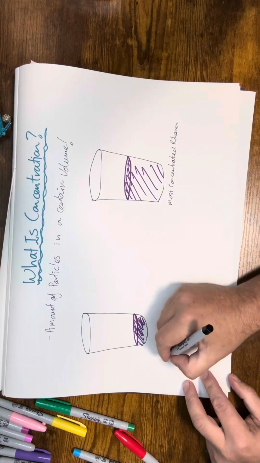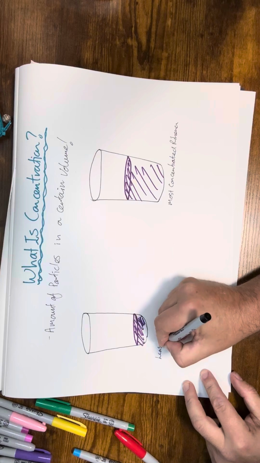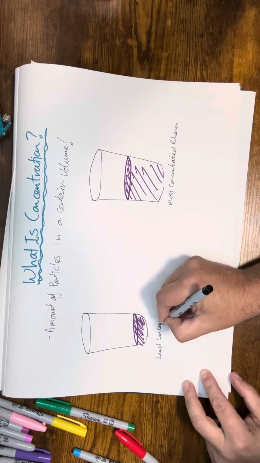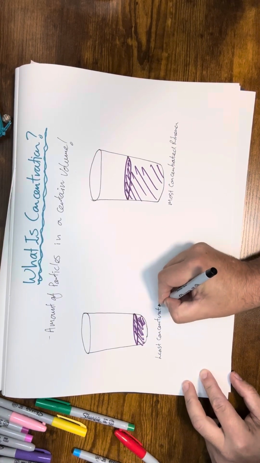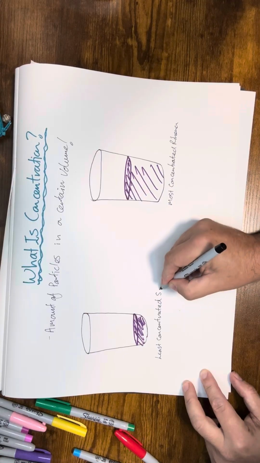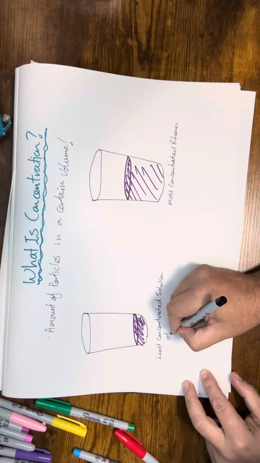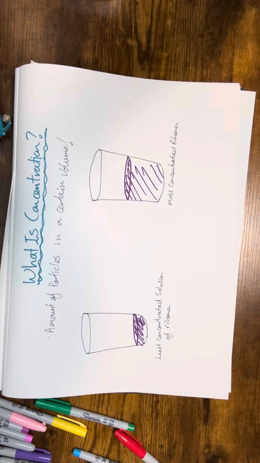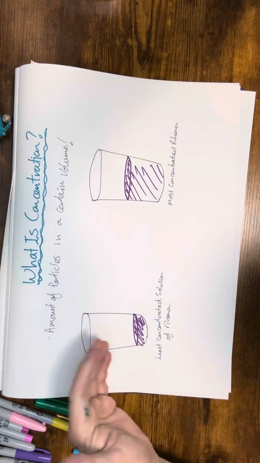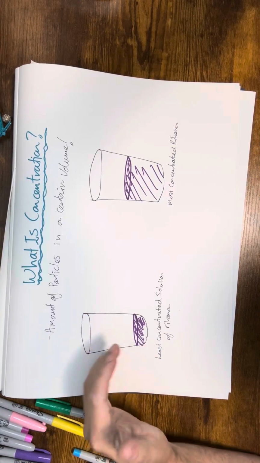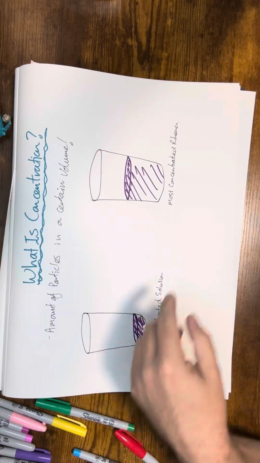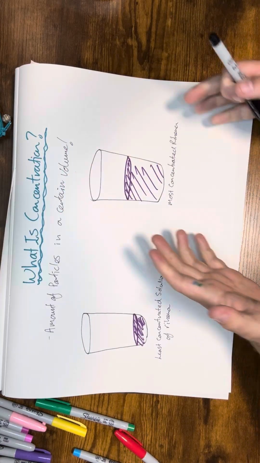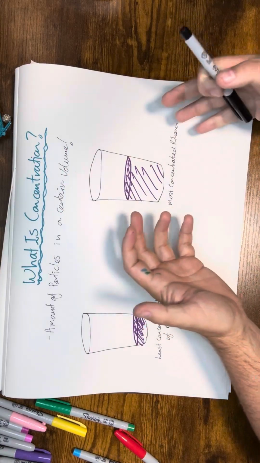This will be the least concentrated solution of Ribena, because there's less in there. All right. Most of this glass will be water. The rest of it will be the Ribena. Here, there'll be less water than Ribena. So you're having a more concentrated solution here because you've put more Ribena in.